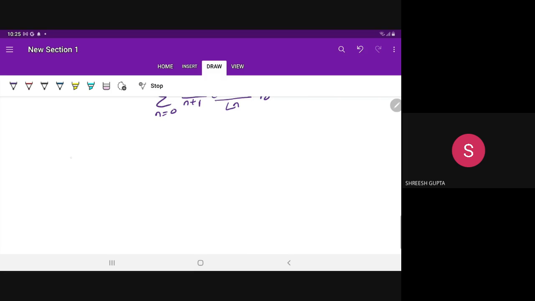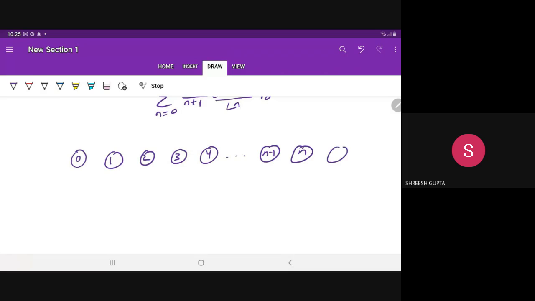Initially we have 0 customers, then 1 customer, then 2, 3, 4, n minus 1, n, n plus 1 customers. Here we assume that customers join the system following a Poisson process, which means inter-arrival time follows the exponential distribution with parameter lambda.